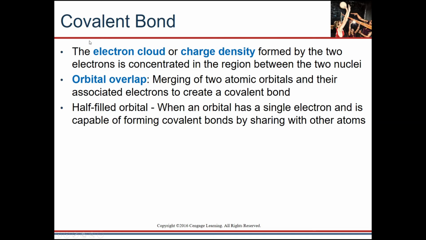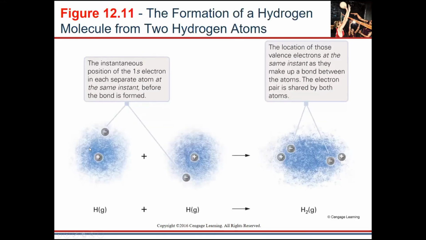So it's going to look something like this. Here are two hydrogens, right? You have the electron circling the nucleus, the electron circling the nucleus, but when they come together, they form this cloud around both of them, and they have overlap between two clouds. Do you see that? So these guys are just sharing in that regard. Okay?